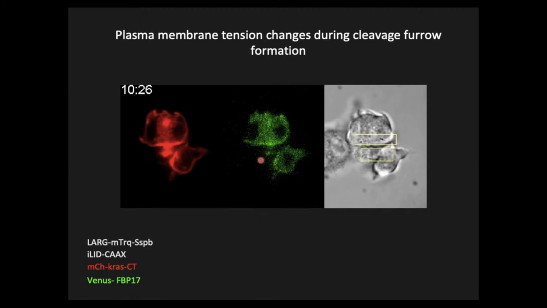Also in the red channel you can see some membrane accumulation because of the membrane flow, and this result tells us that there is low tension in the back of the daughter cells and endocytosis could be there.